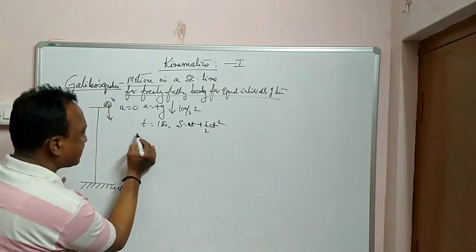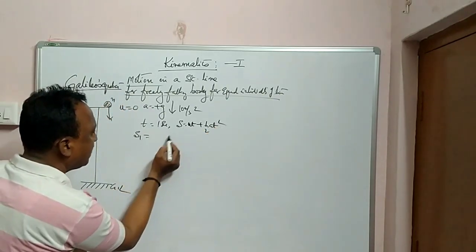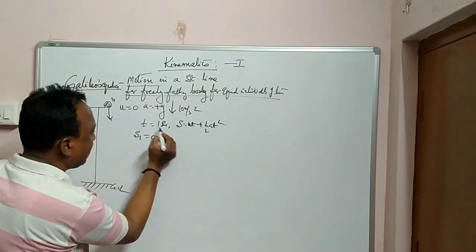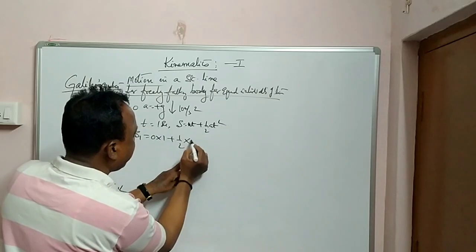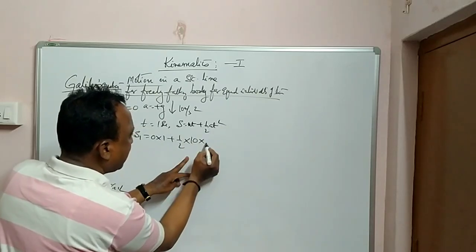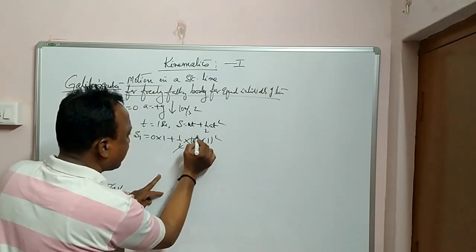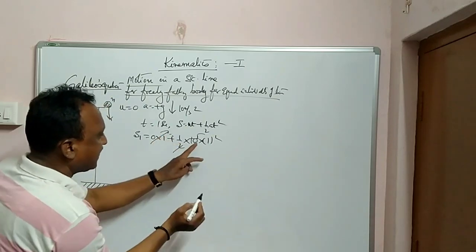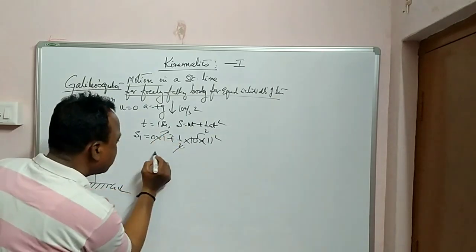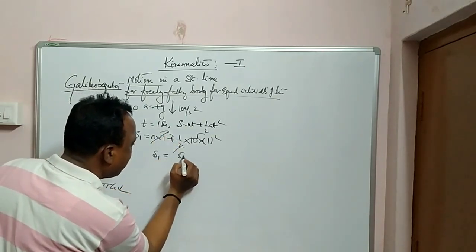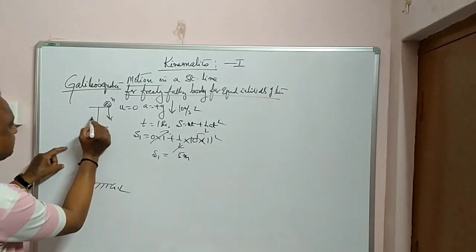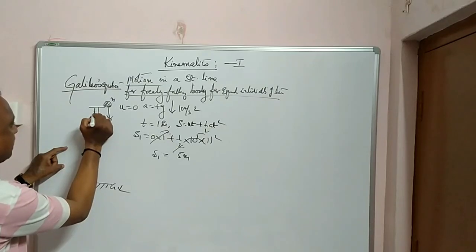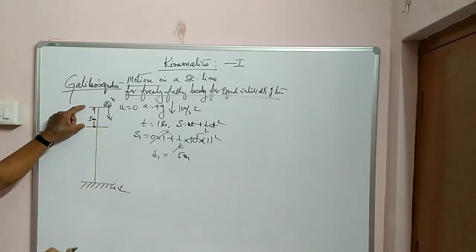Yes, distance travelled, first distance S1 is equal to initial velocity 0, time 1, plus 1 by 2, a is g, that is 10 meters per second square, into time 1 square. So 2 5s are 10, this is 0. So what is the value? 5 into 1 square, 5. So what is the distance travelled? S1, 5 meters. So during first 1 second, the distance travelled by the body is 5 meters.